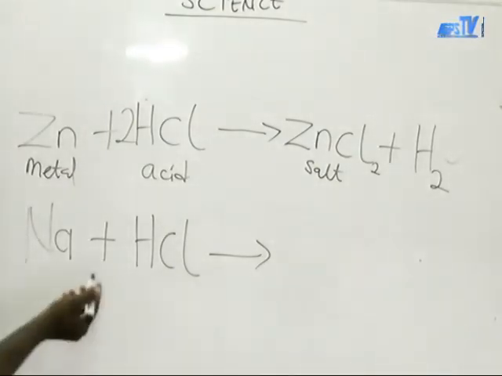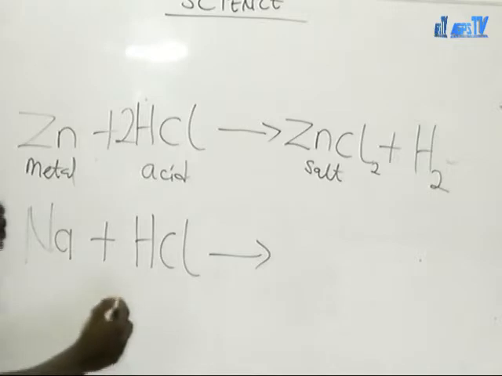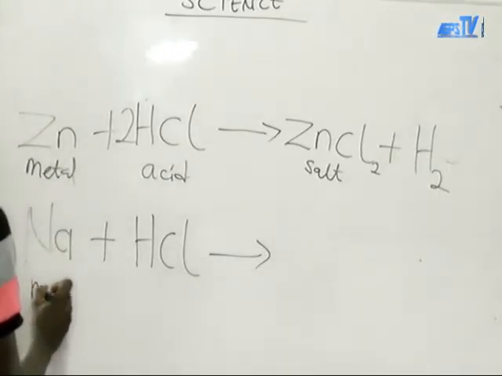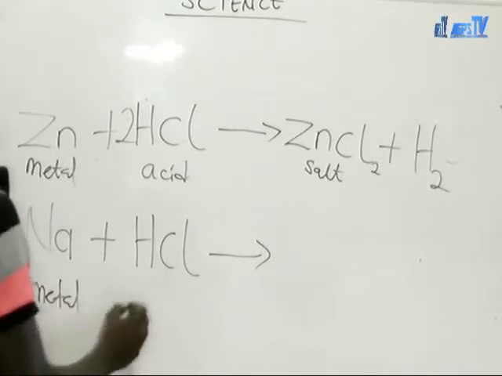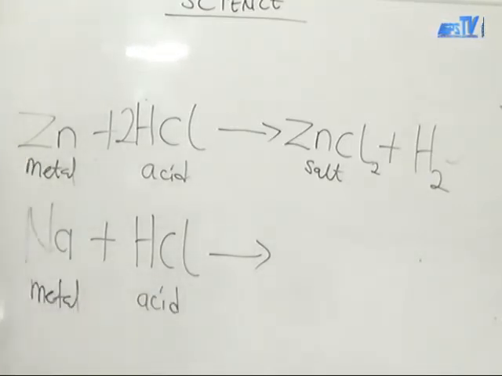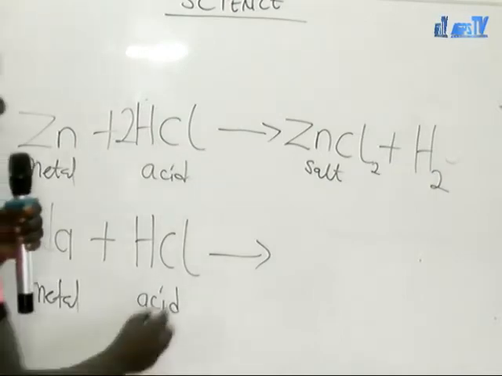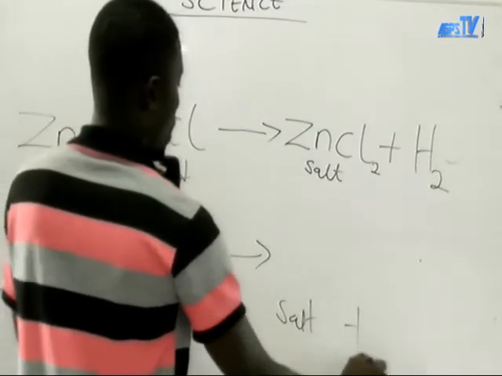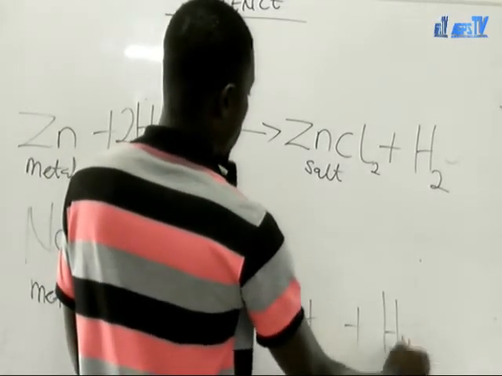Now, look at this one too. Here, we have the metal, we have acid. Our product is salt and hydrogen gas.